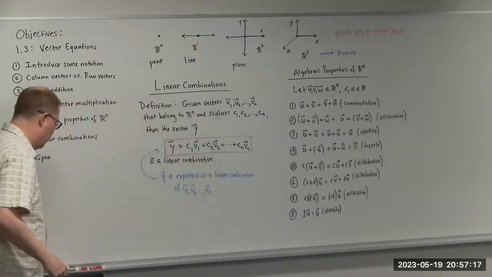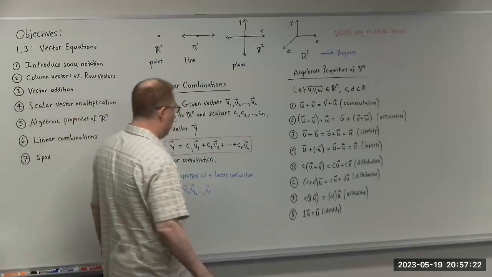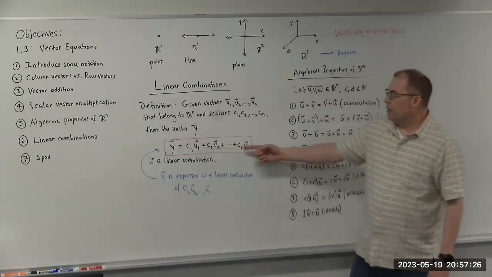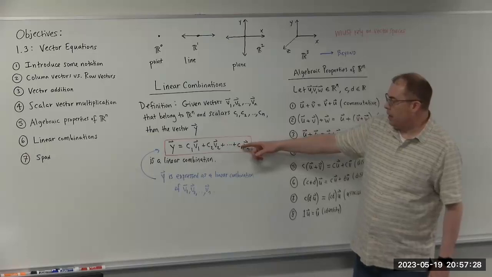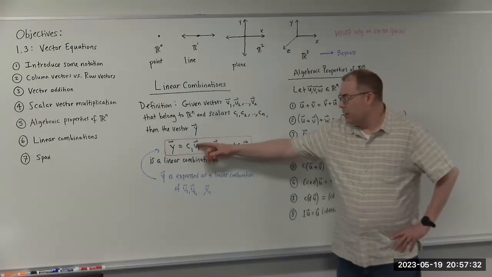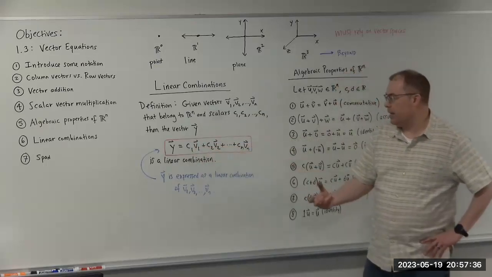That's what we mean by linear combination, and that's nothing more than taking the scalar multiples of these vectors and adding them together.